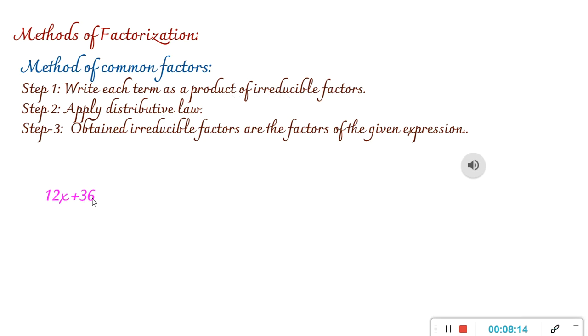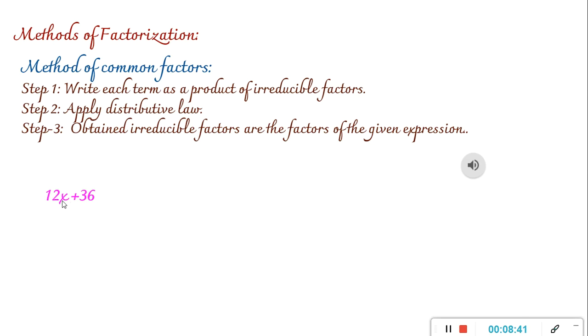For example, xy can be reduced further as x into y. But x cannot be reduced further, right? So we have to write each term as a product of irreducible factors. What are the terms in this expression?